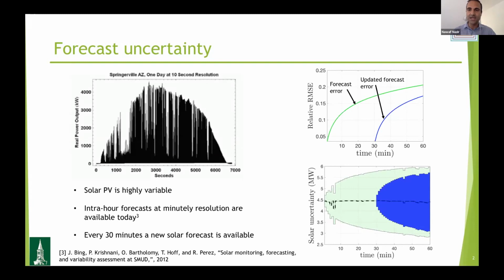Using these forecasting techniques, we can predict how the error in the forecast grows over the prediction horizon. In the example I'm showing here, I'm updating the forecast every 30 minutes, which is a reasonable technique. Many providers of forecasting tools do that. Based on that, the figure at the bottom shows the region of solar uncertainty corresponding to that forecast.